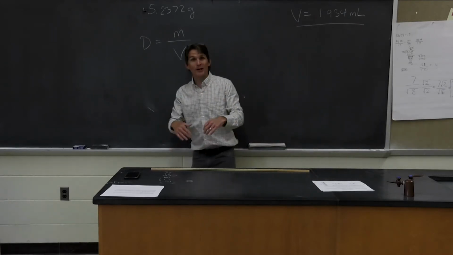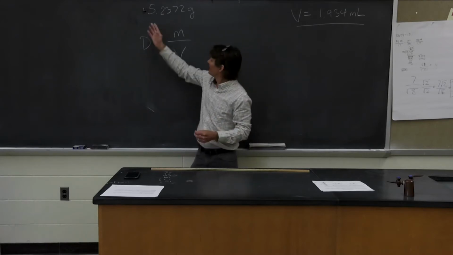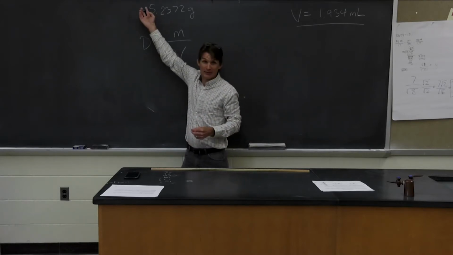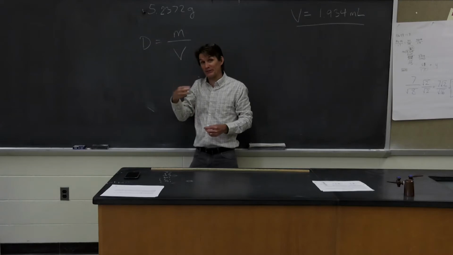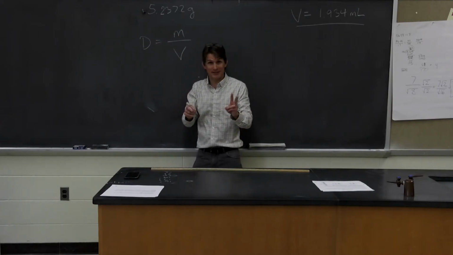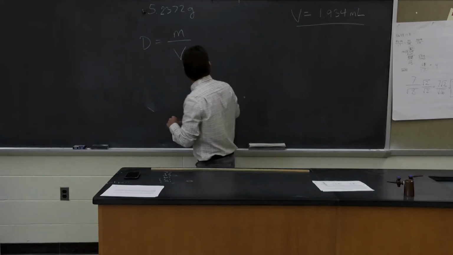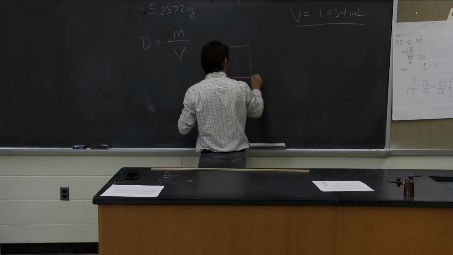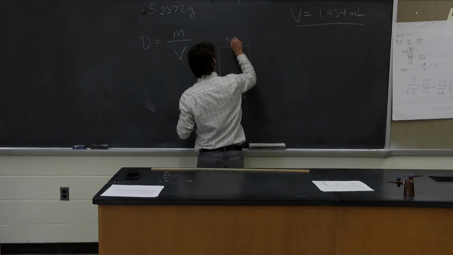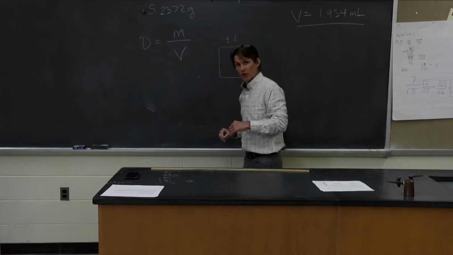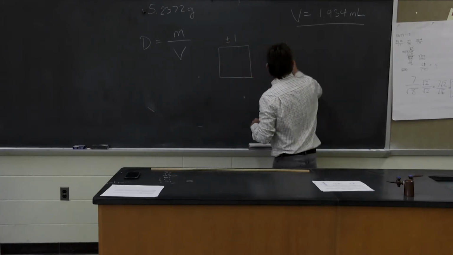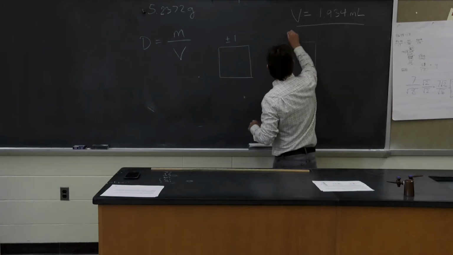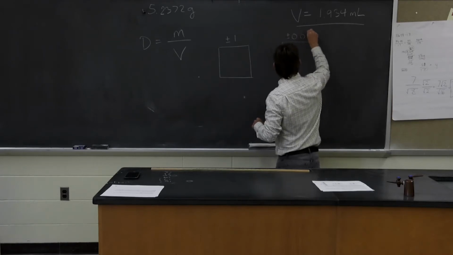We're going to follow a student finding the density of this object using 2 different balances. The student says, I'm going to use the balance that reads to plus or minus 1 gram. There's also a balance available that reads to plus or minus 0.01 grams.